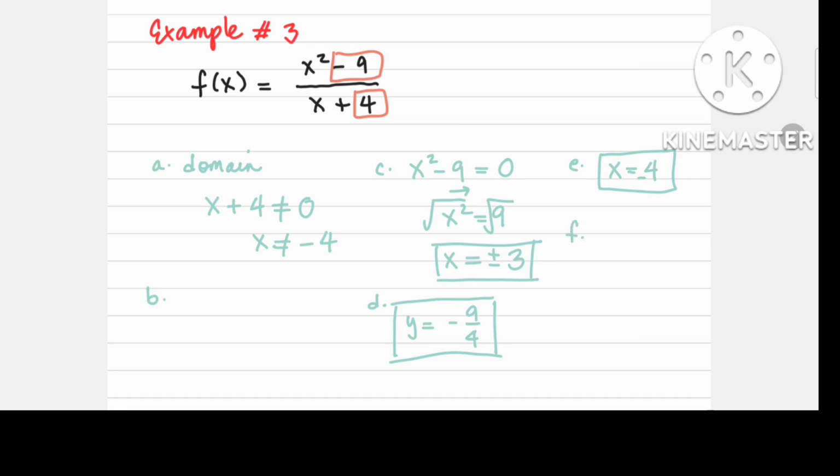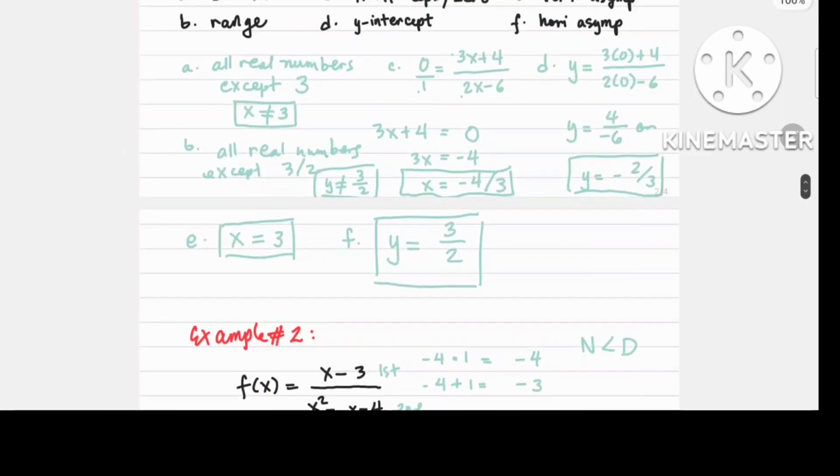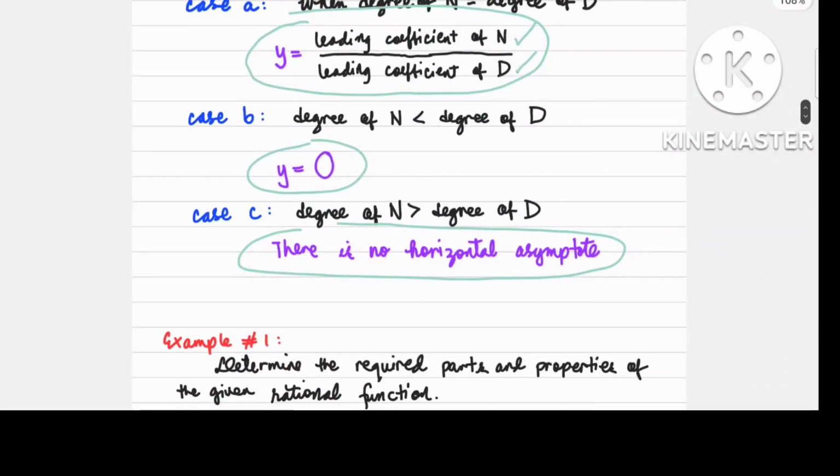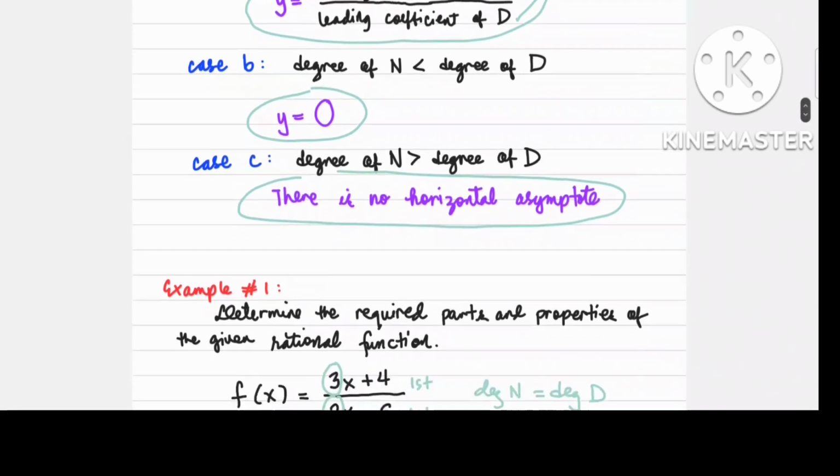While for the equation of the horizontal asymptote, let's study the case. So our numerator is in the second degree, while our denominator is in the first degree. Therefore, the degree of n is greater than the degree of d. This is case letter C. And because this is case C, then we don't have any horizontal asymptote.